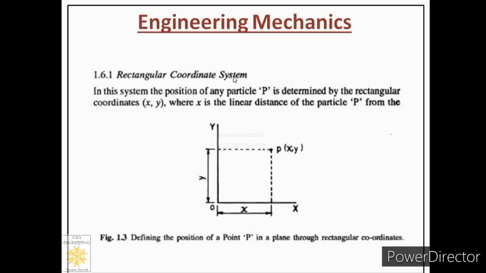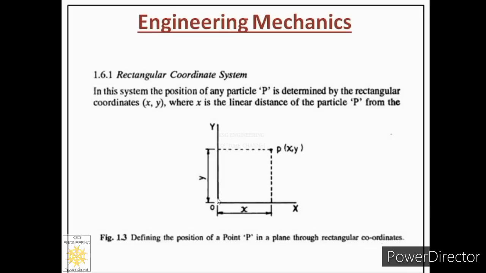So what we do in this system, suppose we have a particle P, and let us say this is the particle, and we want to convey its position. If we are dealing with the rectangular coordinate system, we will make use of two axes, x-axis and y-axis, and we will fix the origin of those two axes.